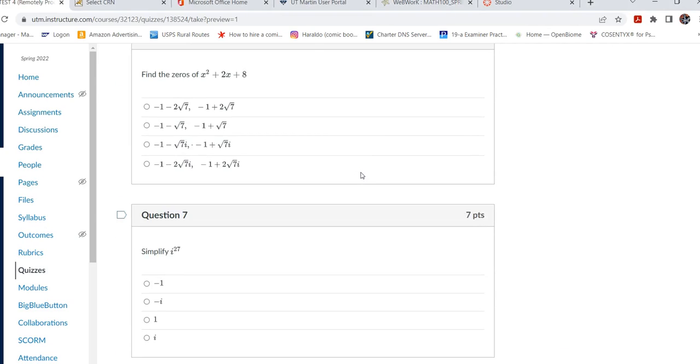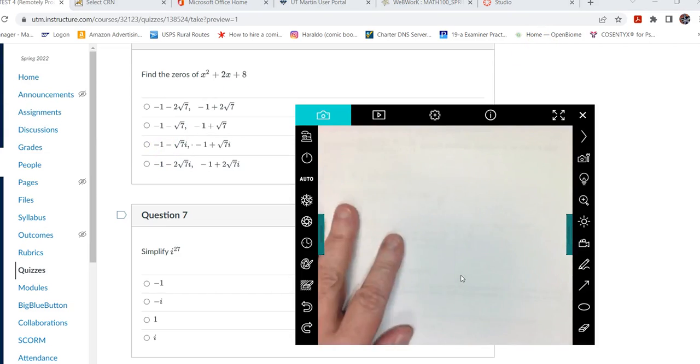Okay, now let's look at this next one, to find the zeros. We could look at the graph, but if you see all of these selections here, negative 1 has to be a 0. So from the selections, negative 1 is a 0.